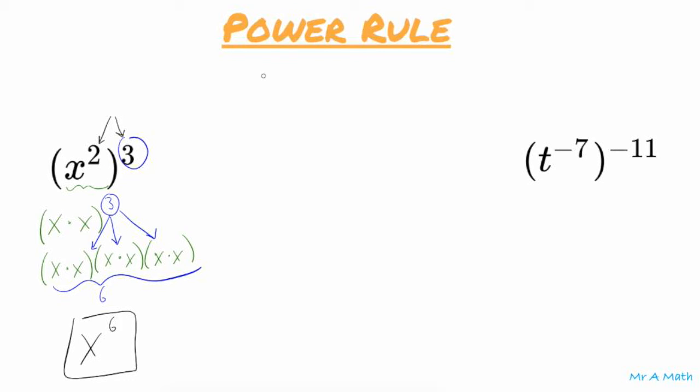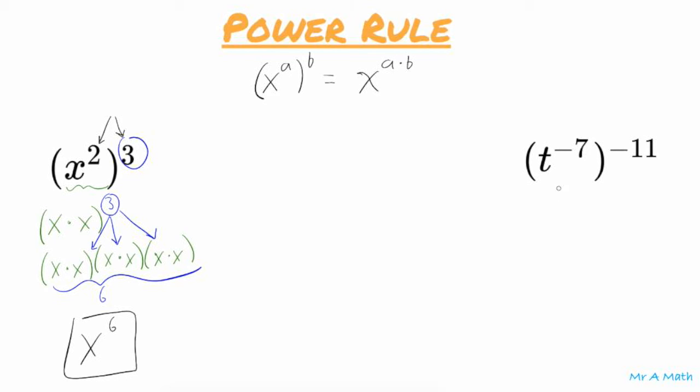So that gives us our power rule. So x to the a to the b power, we can find that answer and simplify it by calling it x to the a times b.